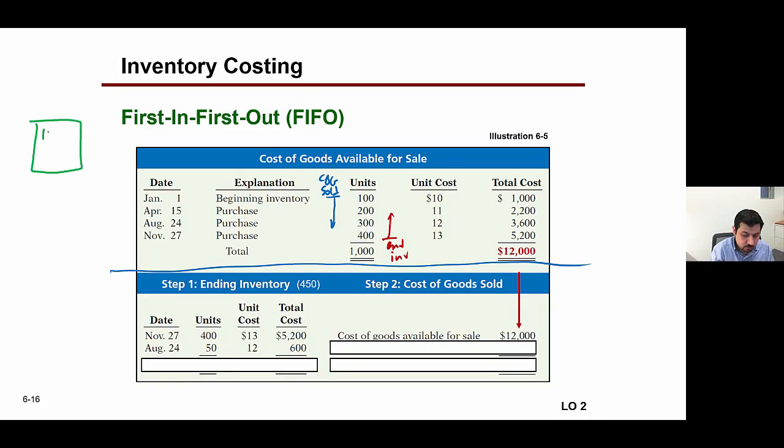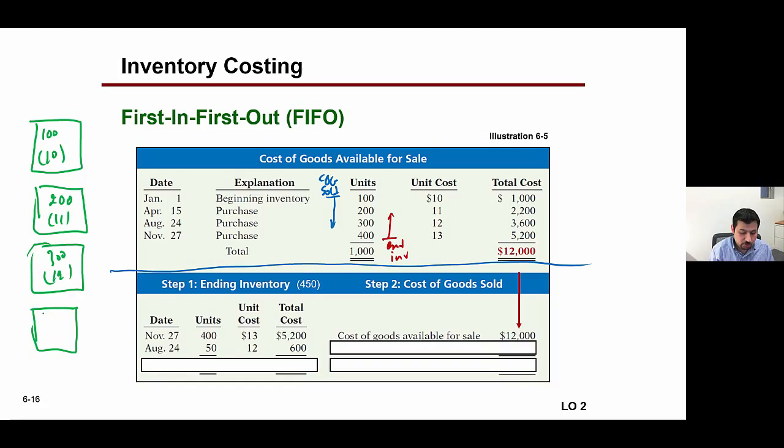One of them is for 100 units, and the cost of each one was 10. Then we also had another bucket, or another box, with 200 units that we purchased for 11. We also had 300 units for the value of 12. And finally, we have 400 units that were purchased for the price of 13 each.